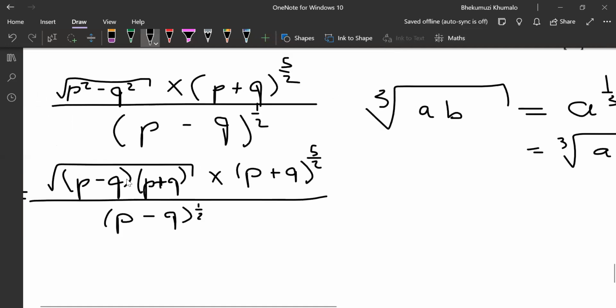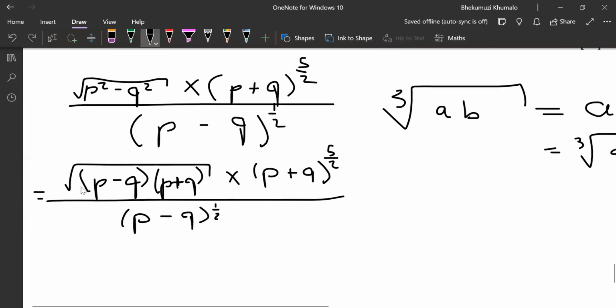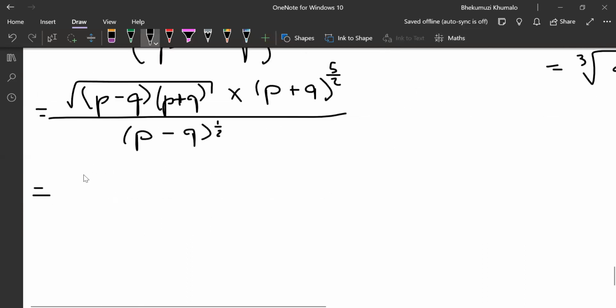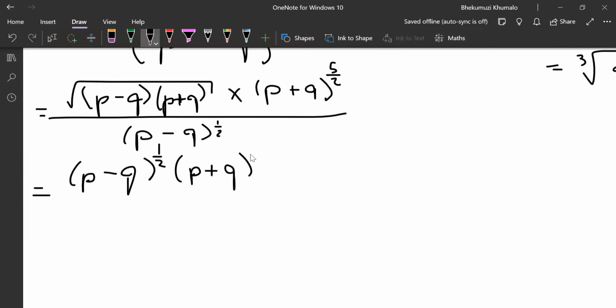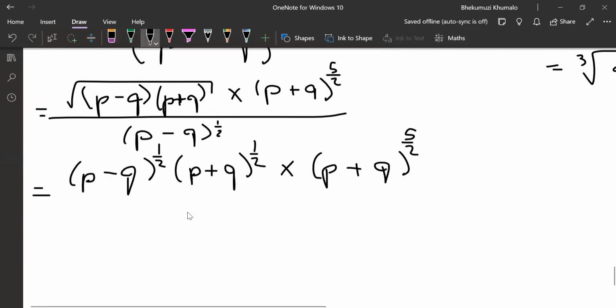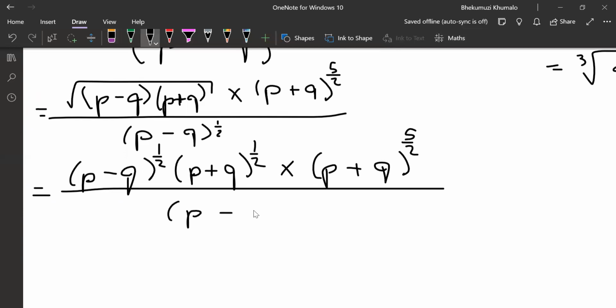So now we have these two values there. So then now we could say the p minus q would be to the power 1 over 2, right? And the p plus q could be to the power 1 over 2. That is being multiplied by p plus q to the 5 over 2. And so that's all divided by p minus q to the power 1 over 2.